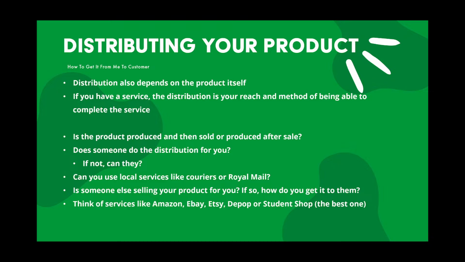And you're going to have to think about how you're going to get that across, how it's going to A, get to the customer safely, and B, get to them in a timely manner that's efficient and ensures that it arrives on time. And that is another step that can make a product desirable.